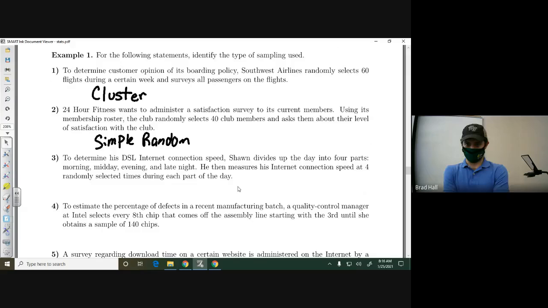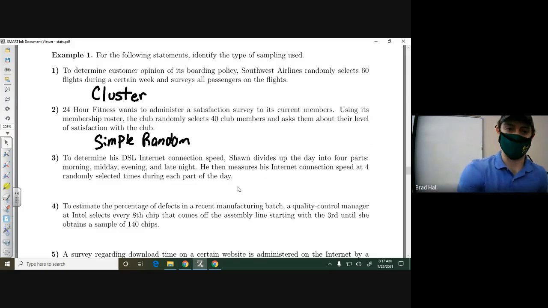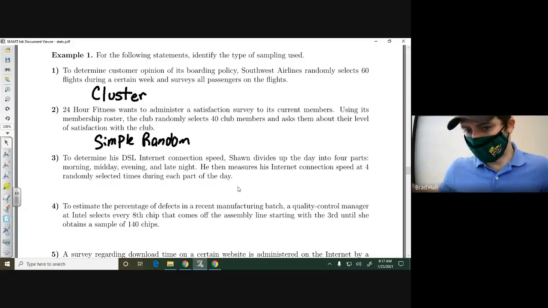So Sean is dividing the day up into 4 parts. That's 4 groups, which ends up being strata. And then it's within the 4 groups that you are randomly selecting a time. So it's not the groups that are randomly picked. It's the times within those groups that are being randomly chosen. That's what makes this one stratified.